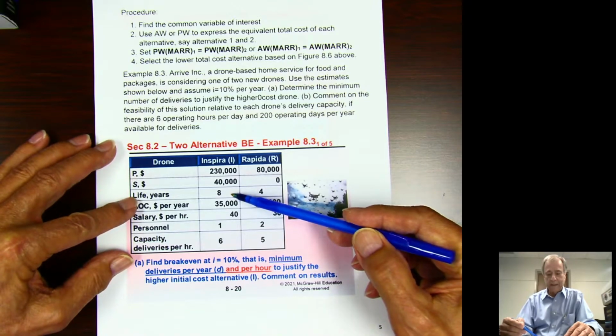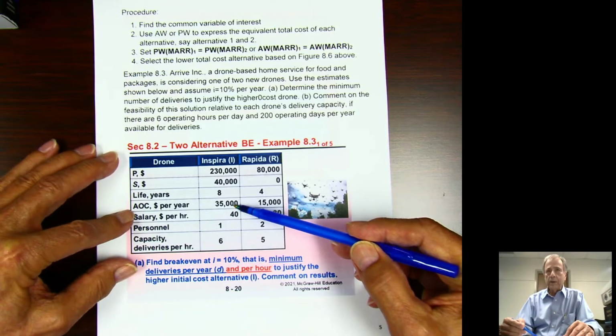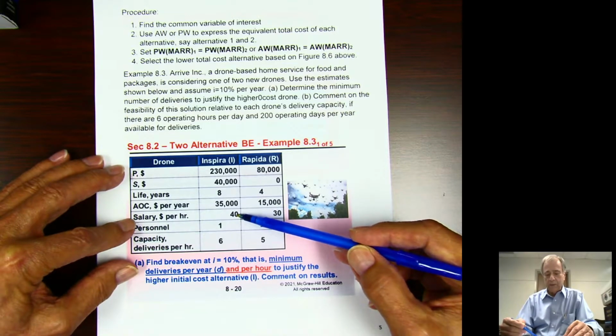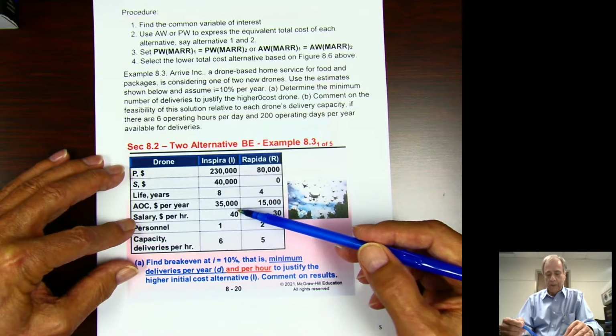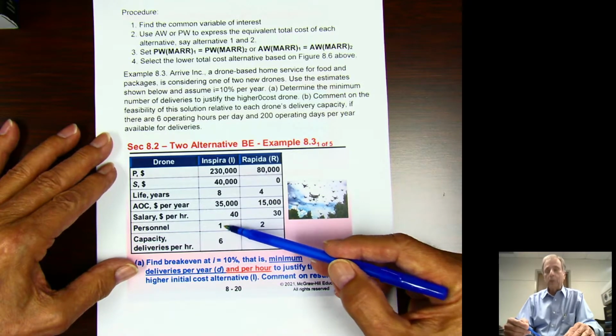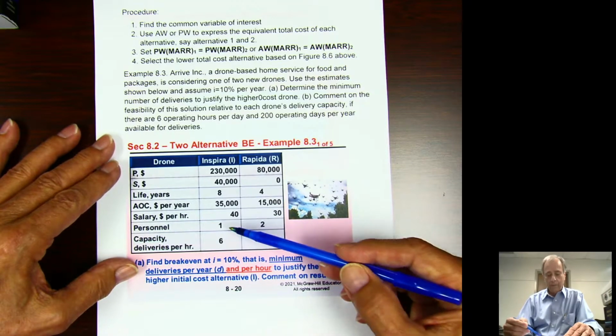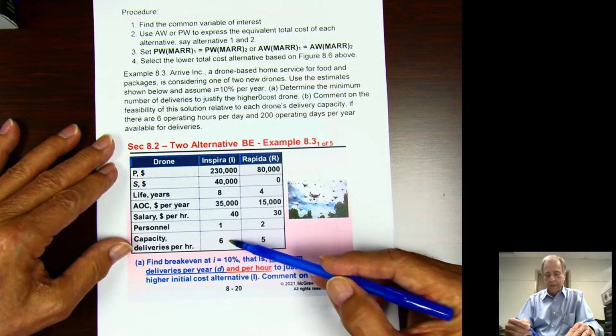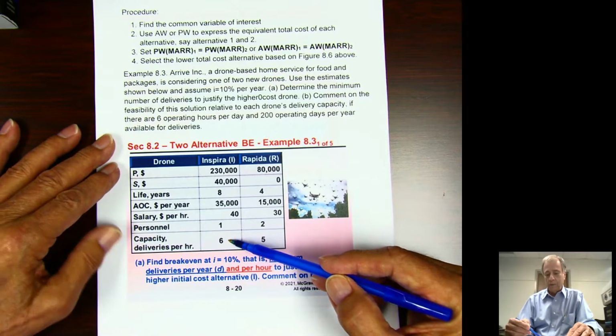It will last 8 years. Has annual operating cost of $30,000 and annual salary of $40 per hour for the operator, and only one operator is required, and it can make 6 deliveries per hour.